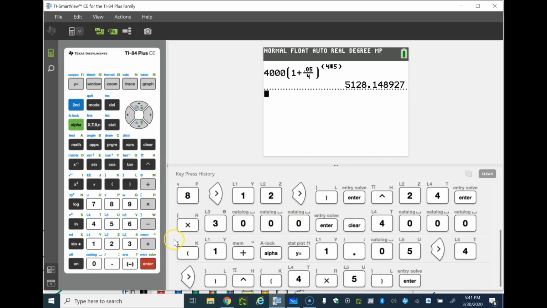We hit enter, and our answer is going to be, remember, everything has to be in money. So if we round this into money, it's going to be $5,128.15, because for money we have 2 places behind the decimal, the hundredths spot. So we're going to round this 4 up because this 8 will make it go up 1. So this will be 15 cents.